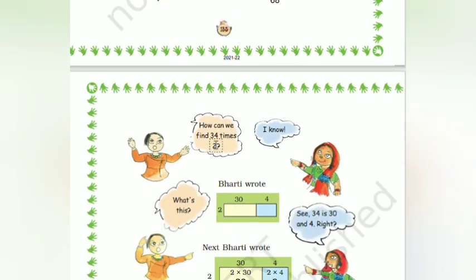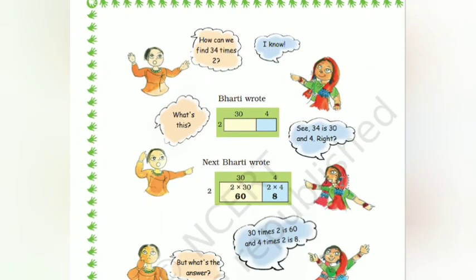Then, how can we find 34 times 2? Bharati wrote 30 and 4. See, 34 is 30 and 4. That is 30 into 2, that is 60. 4 into 2, that is 8.